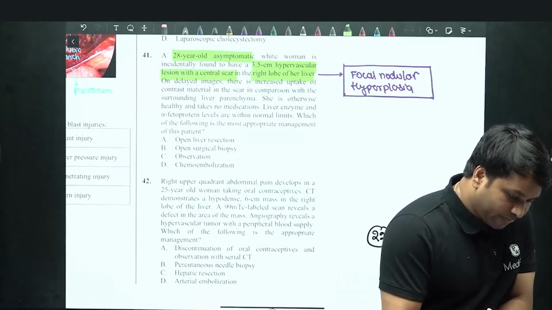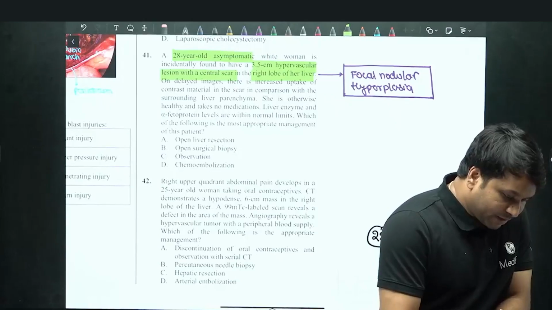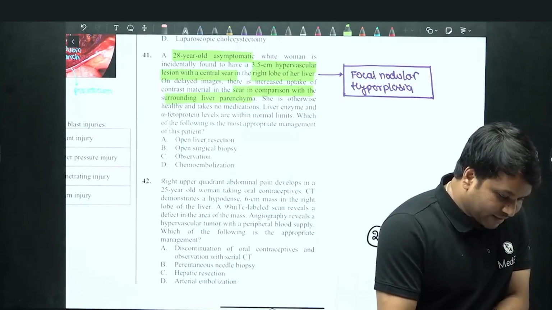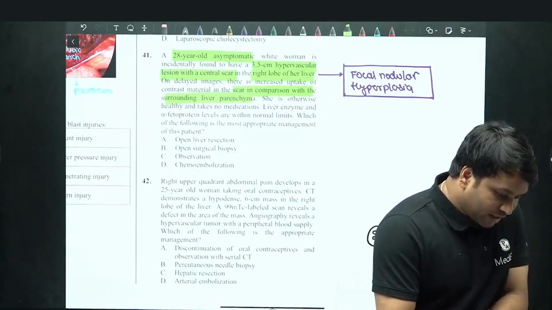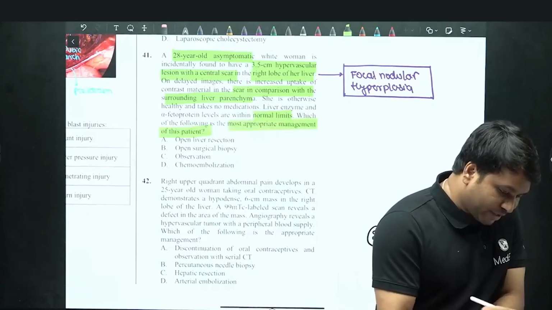On delayed images, there is increased uptake of contrast material in the scar in comparison with the surrounding liver parenchyma. She is otherwise healthy, takes no medication. Liver enzymes and AFP are normal. Which of the following is the most appropriate management in this patient?